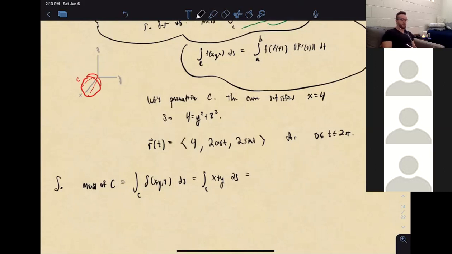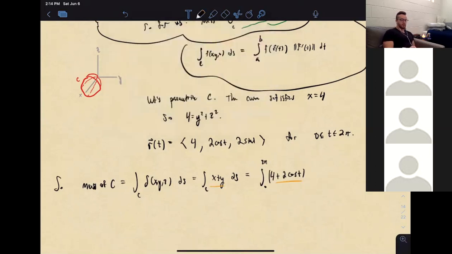Sorry, turn this into a regular integral. My bounds go from 0 to 2 pi. X plus y is going to be 4 plus 2 cosine t. So that's the function. Maybe I'll color code that.